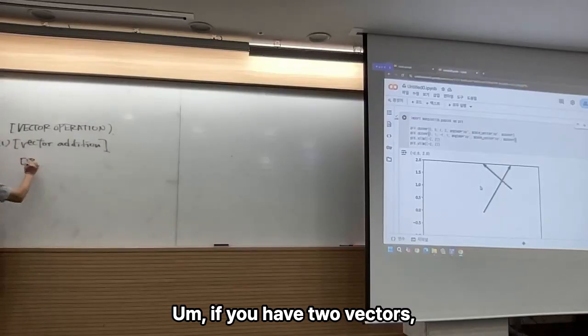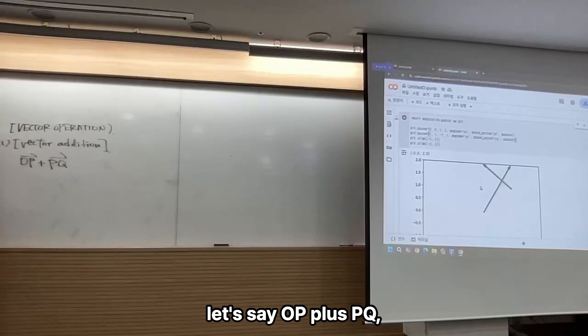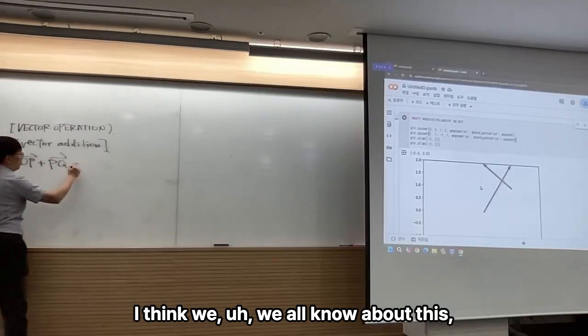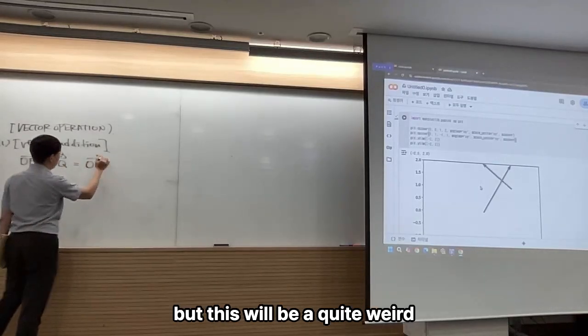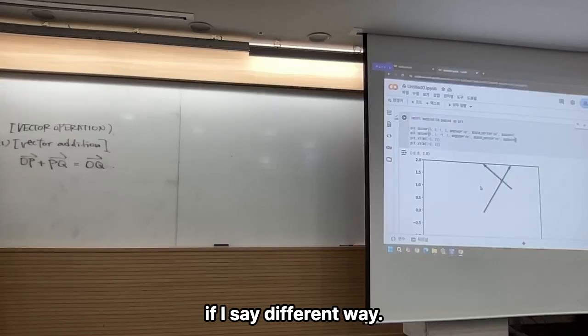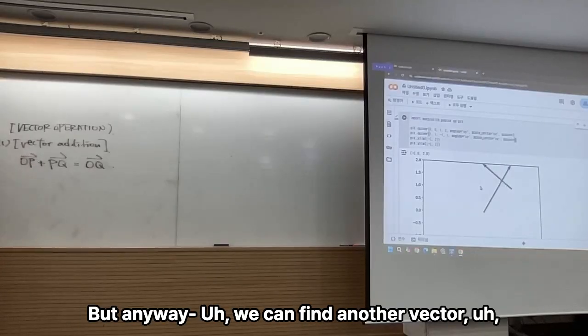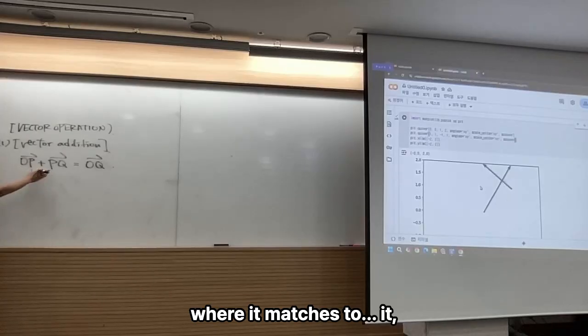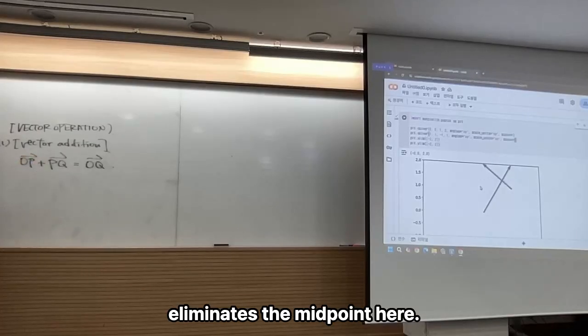If you have two vectors, let's say OP plus PQ, I think we all know about this, but it would be quite weird if I said it a different way. We can find another vector where the midpoint is eliminated.